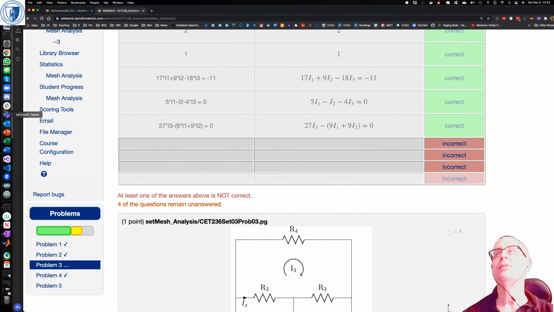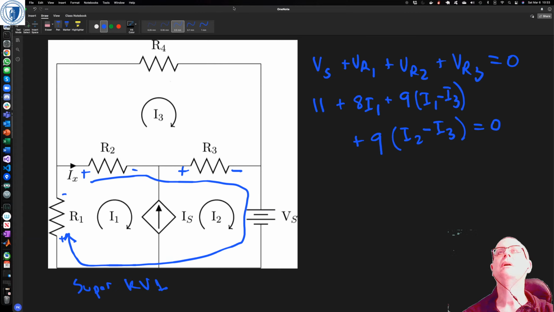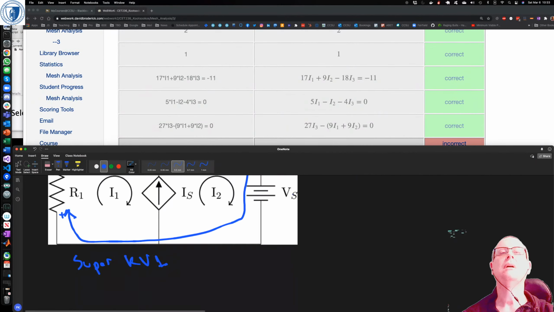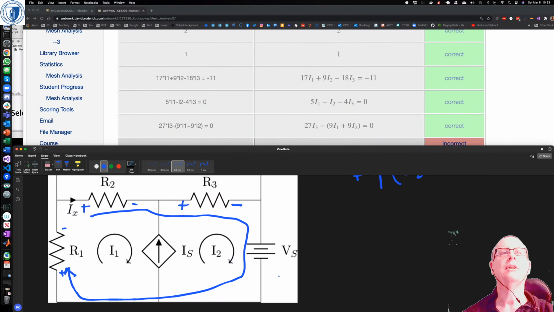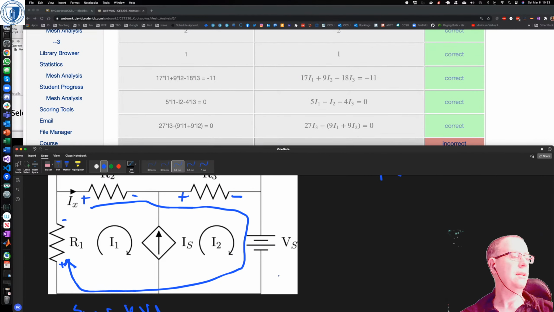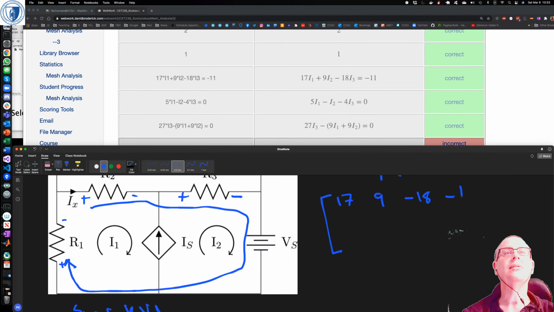And now let's see if we can write out what the RF is for this. Right, so it's going to be 17, 9, minus 18, minus 11, 5, minus 1, minus 4, 0, 20, ooh, hold it. That's in a different order, isn't it?